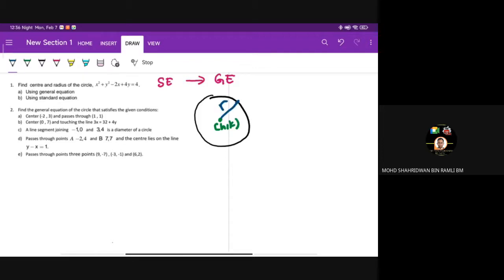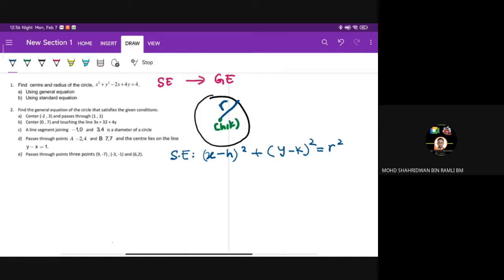So the standard equation of circle here is given by (x minus h) squared plus (y minus k) squared is equal to r squared, where r is a radius and (h, k) is the center, h represents the point of x, k represents the point of y.